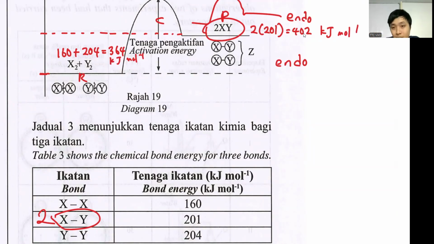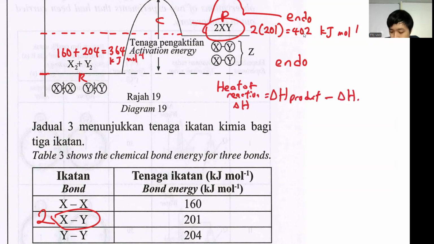So in this case, you have to use the heat of reaction, the delta H. You have to use the product minus the reactant. So it means 402 minus 364.